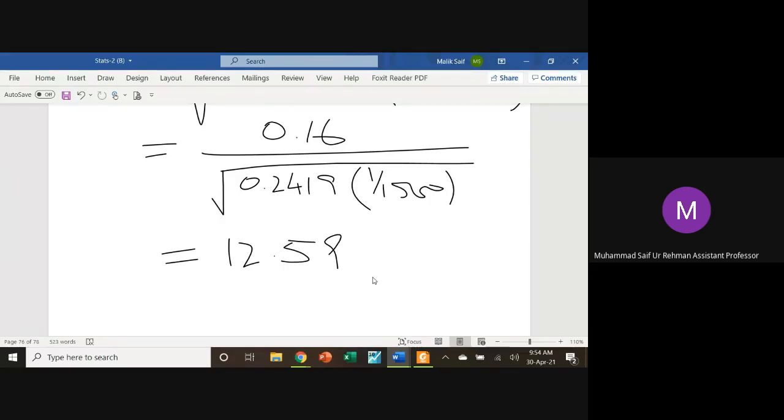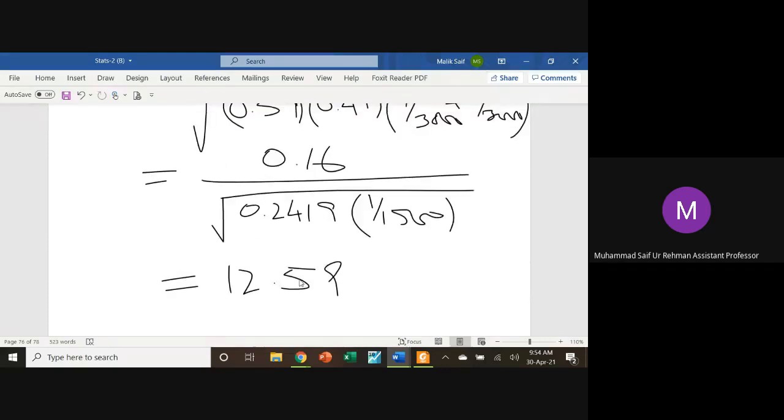Let me check it. Yes, you are correct. It is 12.599, or you can write it down as 12.60. So even then, it is a large value, 12.59.